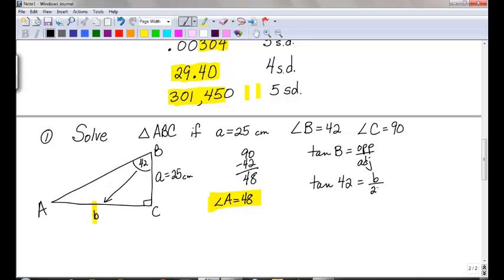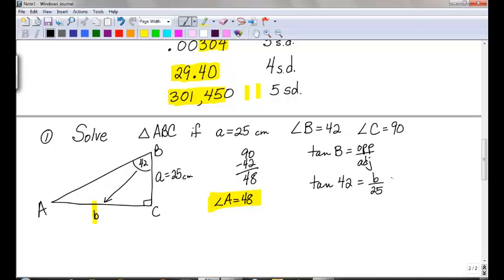42 over 25. Okay. Now in your calculator, first make sure you're in the right mode. You always want to check mode on these. So check the mode and go to degrees. And you might want to go to 4 decimal places, and then we'll adjust.